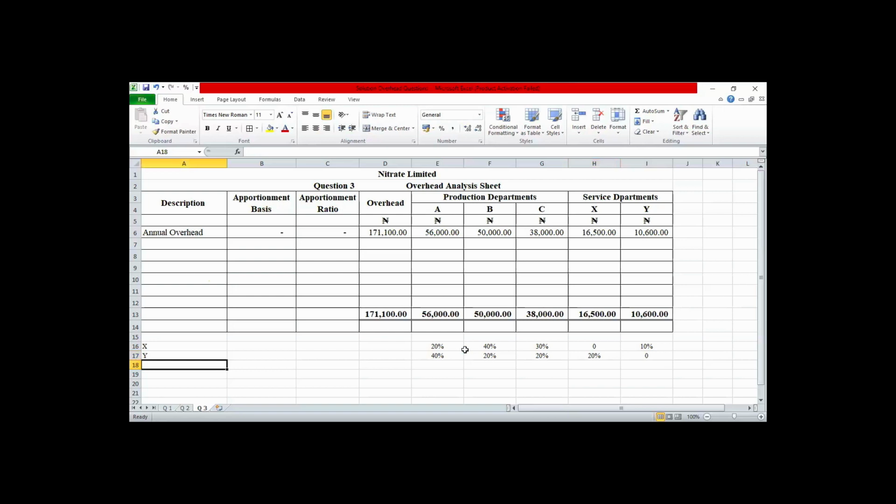Any question? At this juncture, we are meant to formulate our equations. You will formulate the equation for X, and I will formulate the equation for Y. How do we go from here?